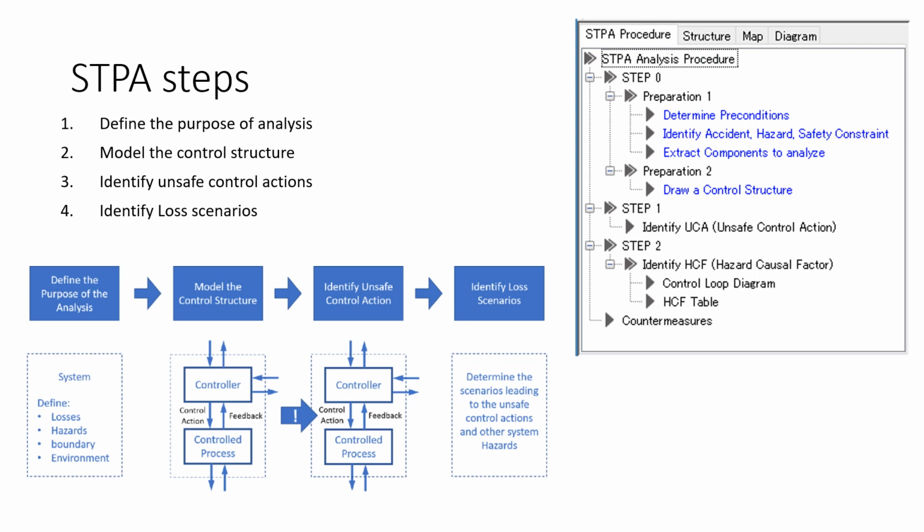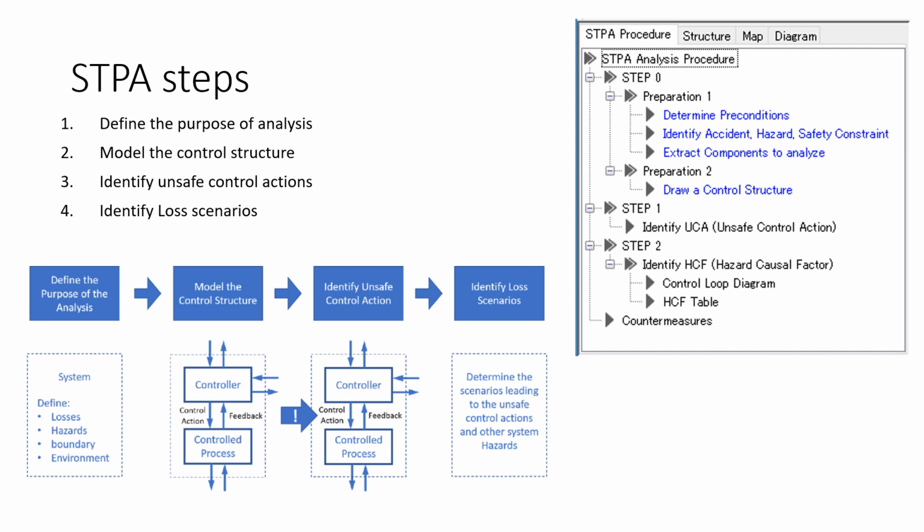For what are you doing this system level analysis or vehicle level analysis? What is the purpose behind it? The purpose means to identify hazards, or to identify the losses, to identify the boundary, or to identify the environment or environmental conditions. So for what you are doing it, we need to write that.